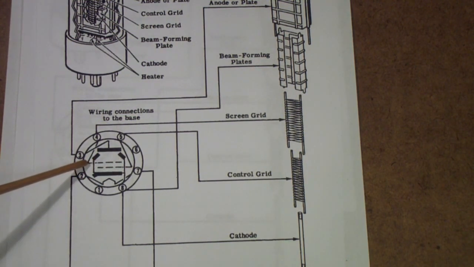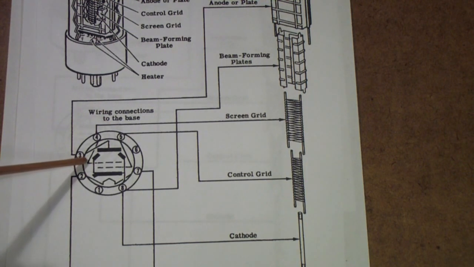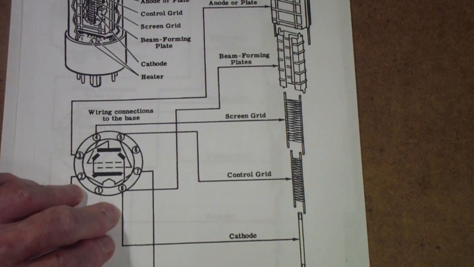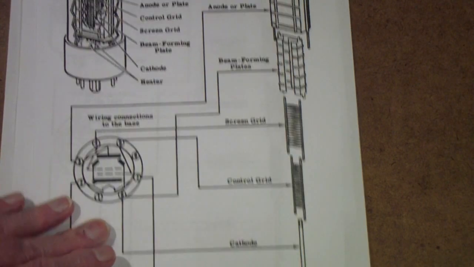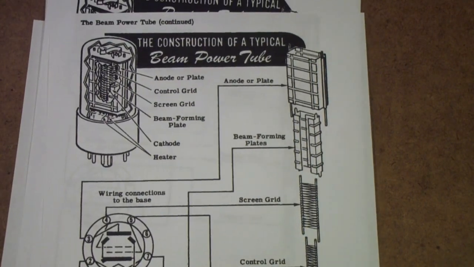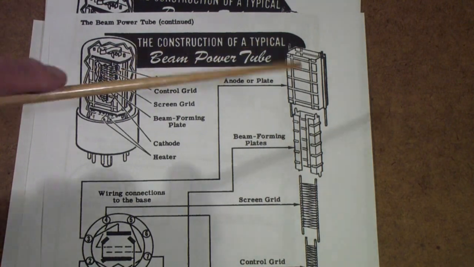And those plates are called beam forming plates, and that is the reason why a tube like this is called a beam power tube. Now, understand that this tube works almost exactly like the pentode. The major difference is the way the beam power tube suppresses secondary emission. We won't get into that, but here is how it is constructed.